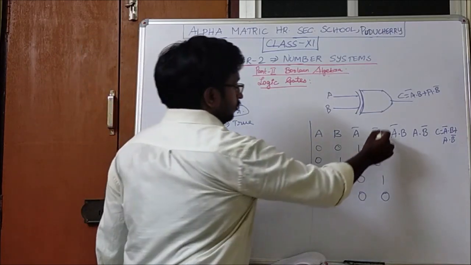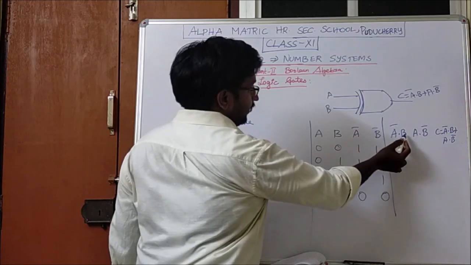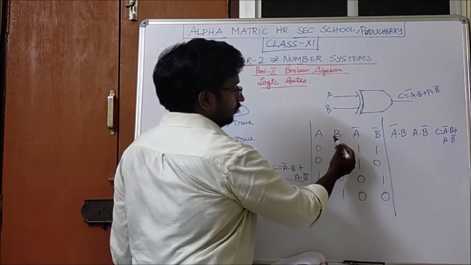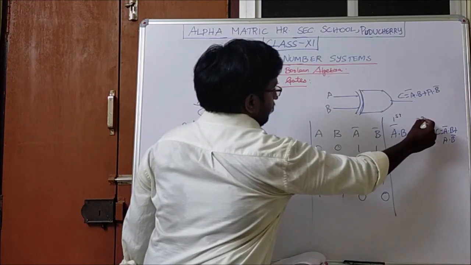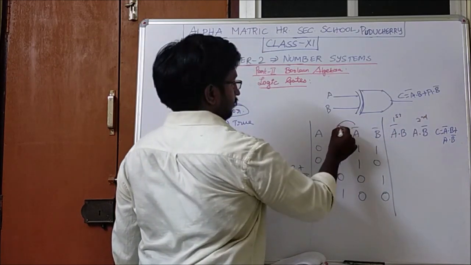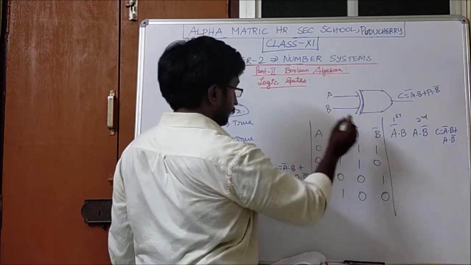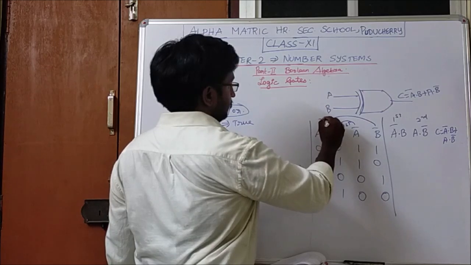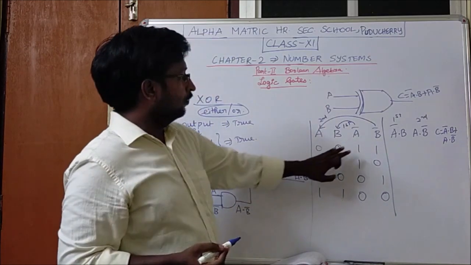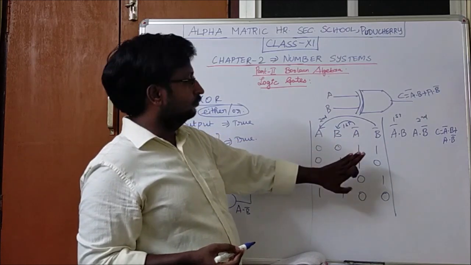Now the inverse of A, this part, into B. This is first, and this is second. So first we have to multiply A inverse and B.